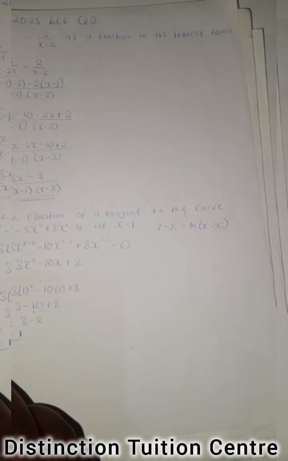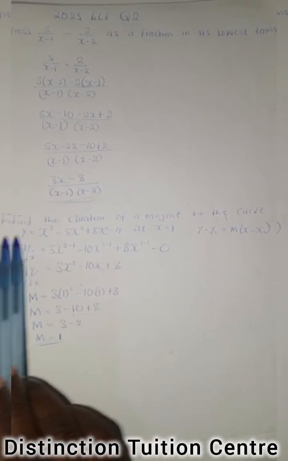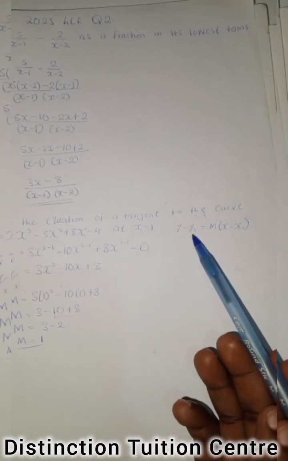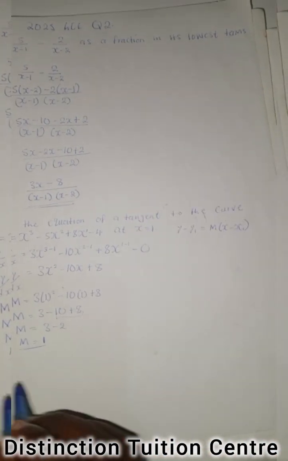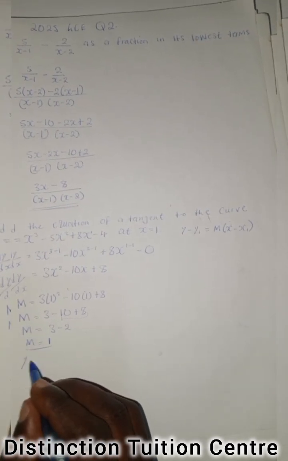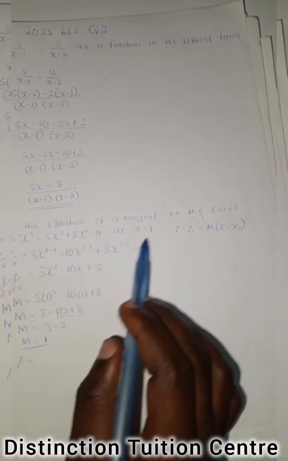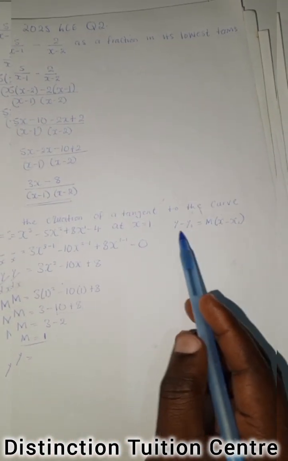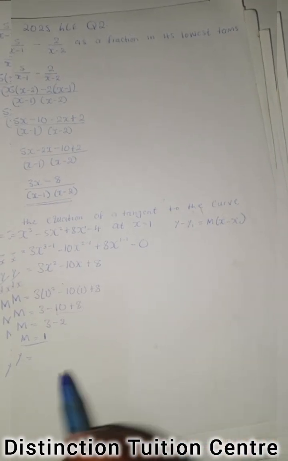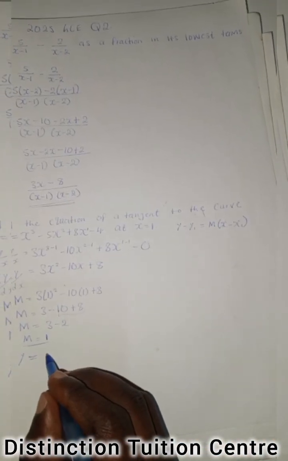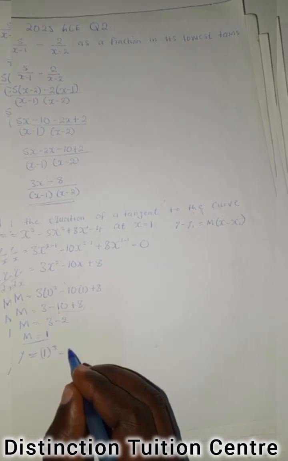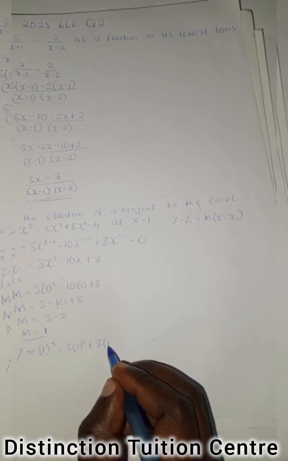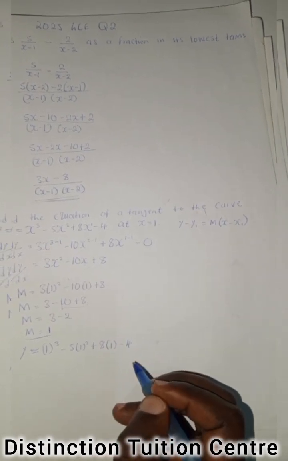How do we do it? We'll get the equation given in the question. So we'll use this equation in order for us to find the value of y1 here. So this is going to be y is equal to, so where there's x, I'll replace 1. Okay, remember we are trying to get the value of y1 so that we can use this equation to find the equation of the line. Okay, so this will be 1 to the power 3 minus 5 times 1 squared, and this is plus 8 times 1, then minus 4.